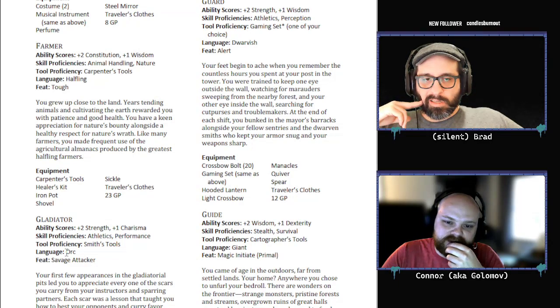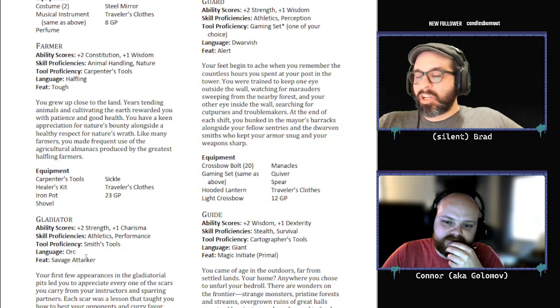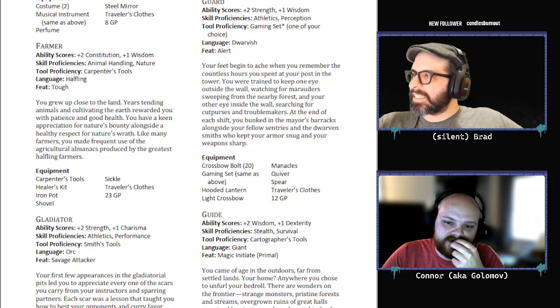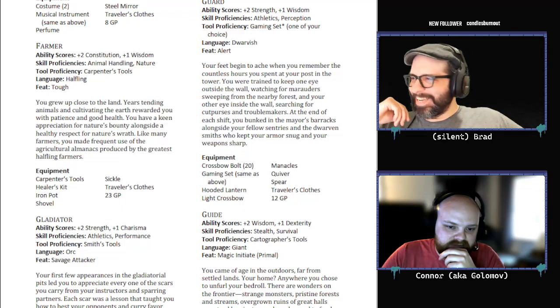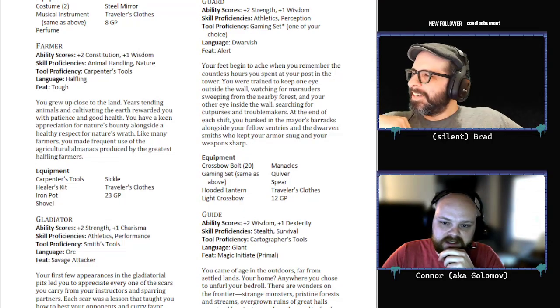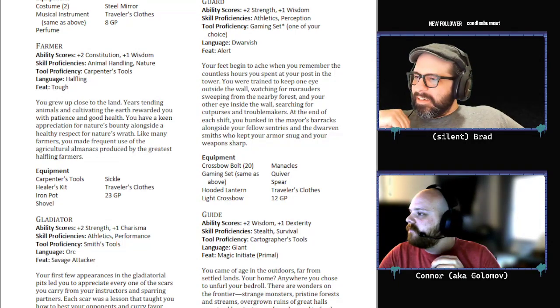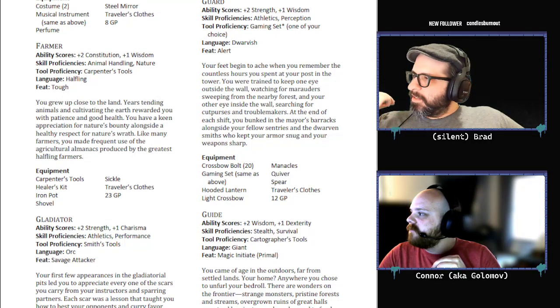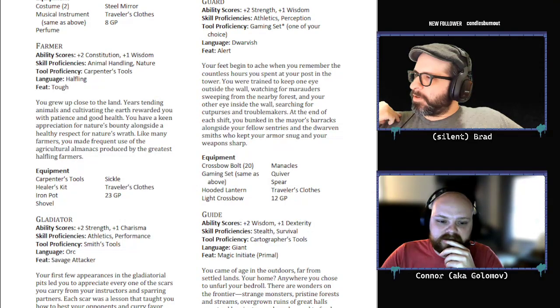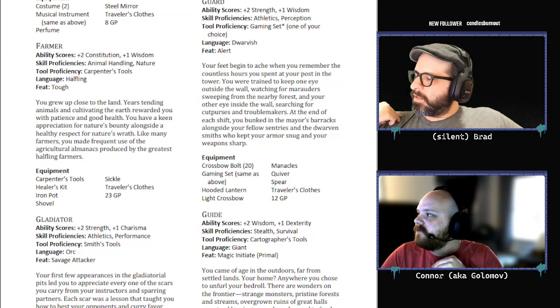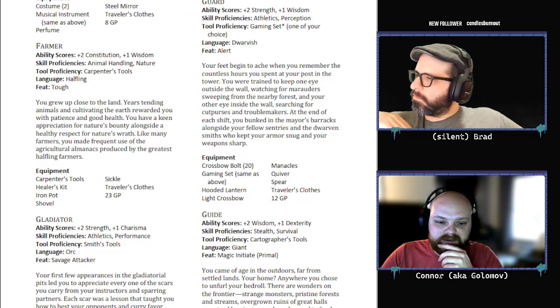The costume's confused. Well, I mean, a costume I can see, but disguise kit doesn't make sense. Disguise kit makes no sense. I see healer's kit. You see healer's kit? For Gladiator in the Player's Handbook? Yeah, because it's chain, costume, healer's kit. No, I'm seeing something completely different.